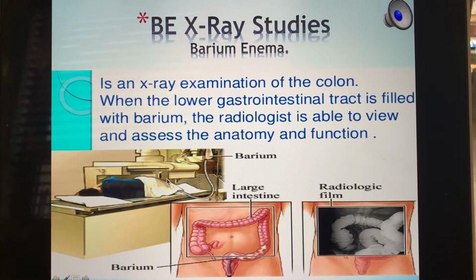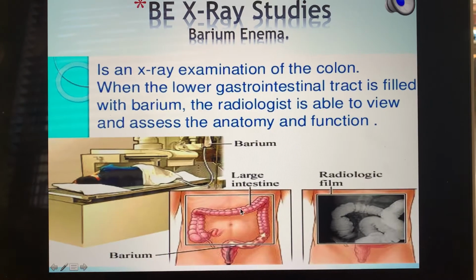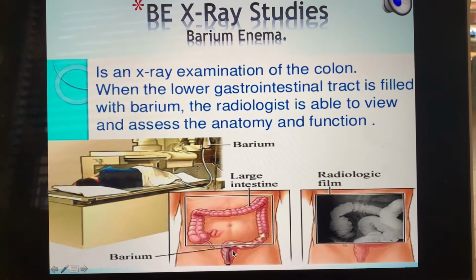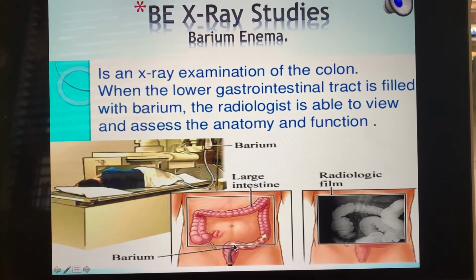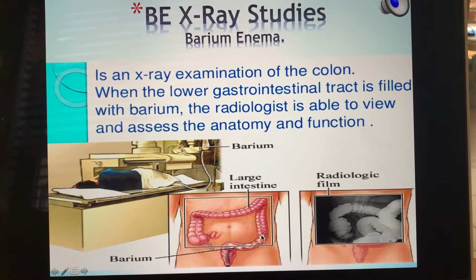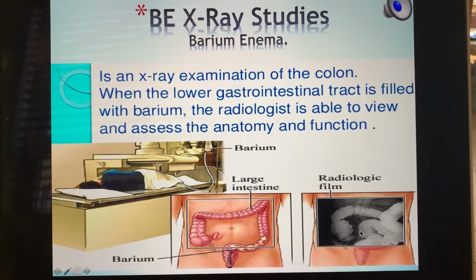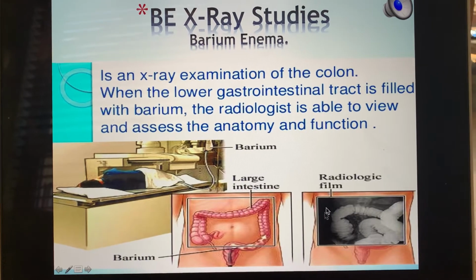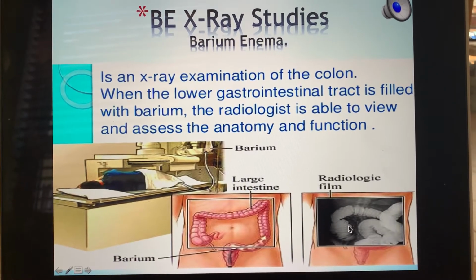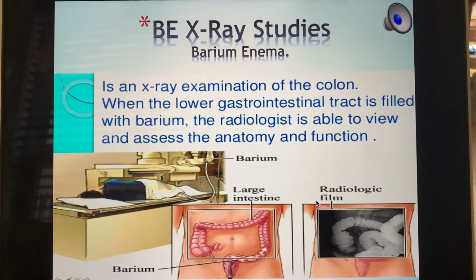Then here we have a picture where it shows the large intestine, and then we can see the tube that was inserted inside the rectum of the patient. And you can see a little bit of the barium going up the large intestine. And then on the right side, you can see the same image, but how it will look on an X-ray filled with barium. The large intestine filled with barium.